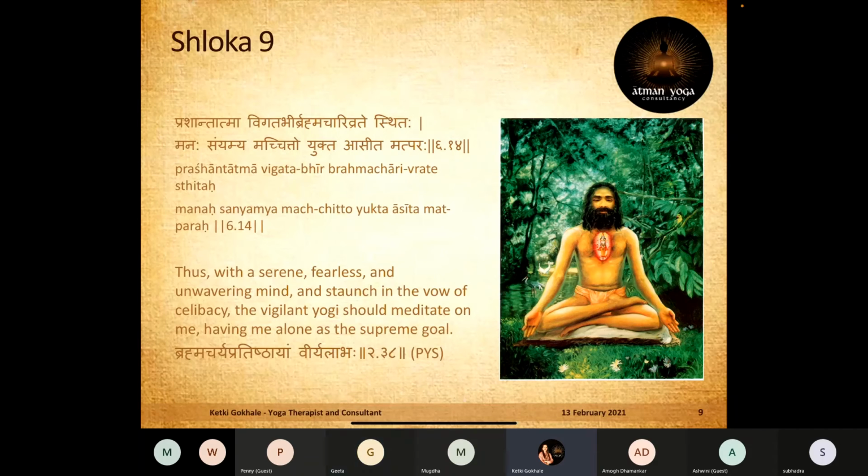Manah sanyamya machittah, and that chi is dirgha. So yukta asita matparah. Okay, second line.